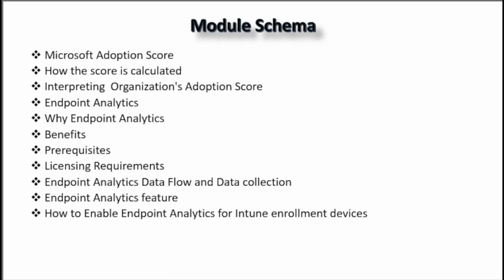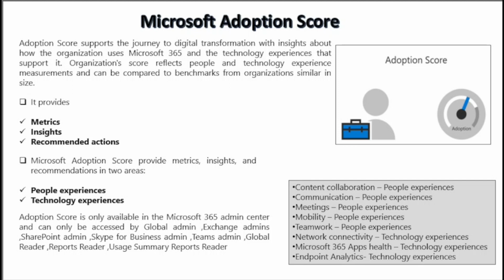So before starting the discussion on Endpoint Analytics, let's first talk about what is Adoption Score. This will help us understand Endpoint Analytics in a better way and also help us understand why the Endpoint Analytics feature is under the reporting section. So Adoption Score supports the journey to digital transformation with insight about how the organization uses Microsoft 365 and the technology experience that supports it.